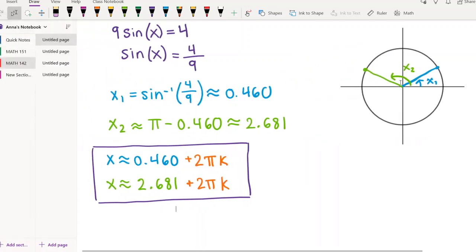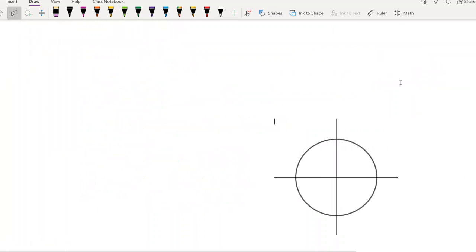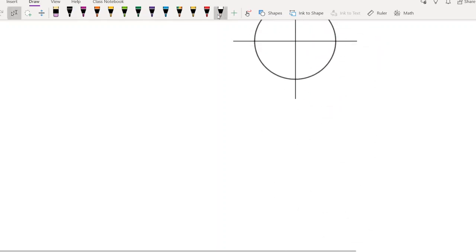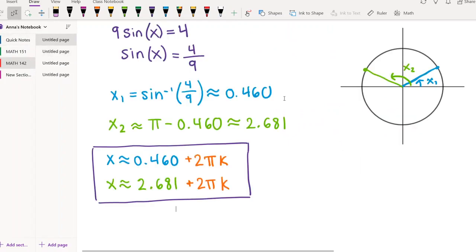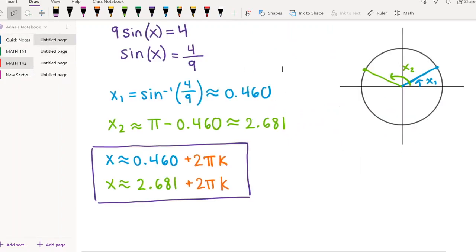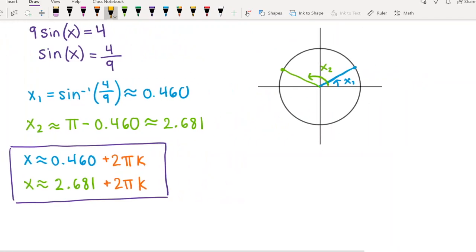Okay, so let's get into an example with cosine. This is where it's going to be really important that you make a rough sketch of the angle. You might have noticed a pattern with inverse sine, right? You might have noticed that you're always doing pi minus your first answer. If you want to memorize that as a fact, that's fine.